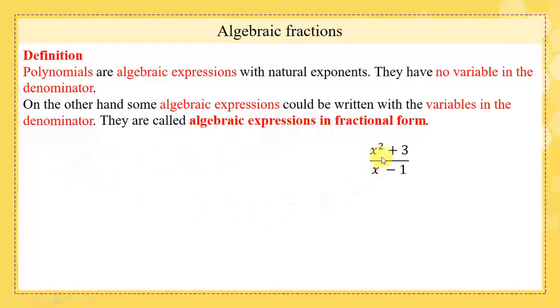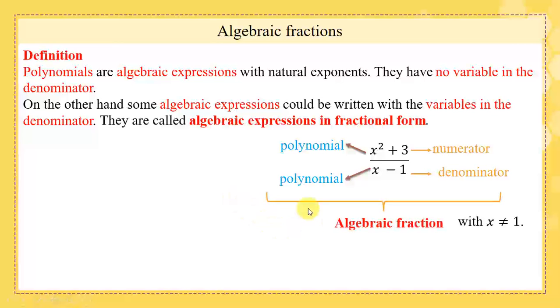An example is (x squared plus 3) over (x minus 1). Here we have a polynomial in the numerator and a polynomial in the denominator. This is called an algebraic fraction, with x different from 1.